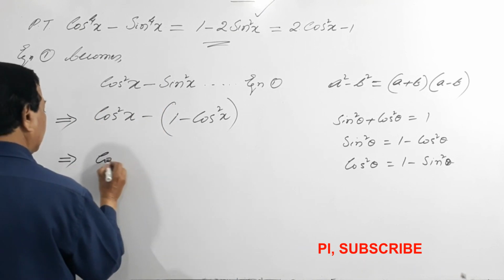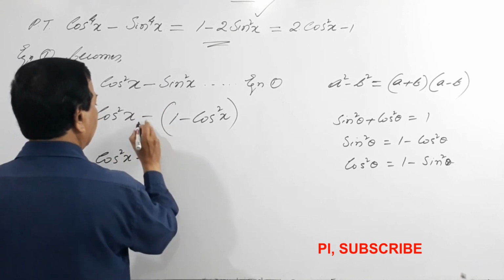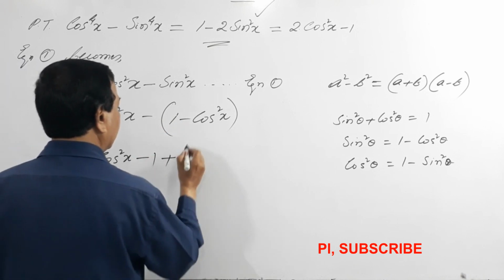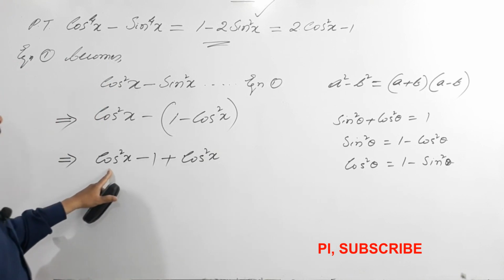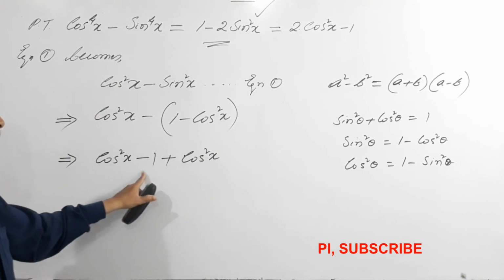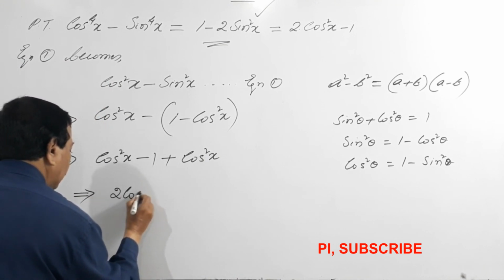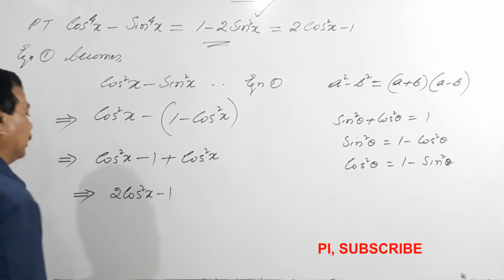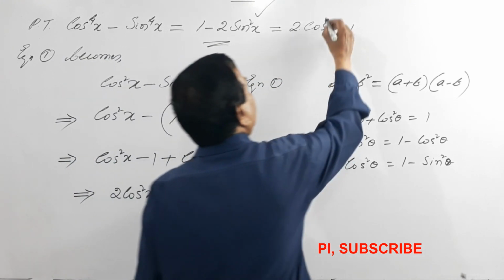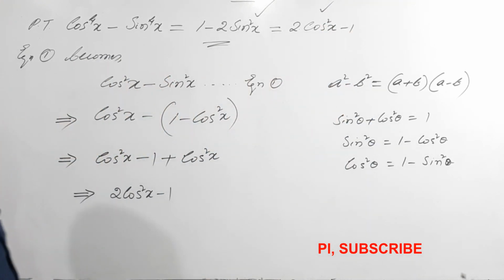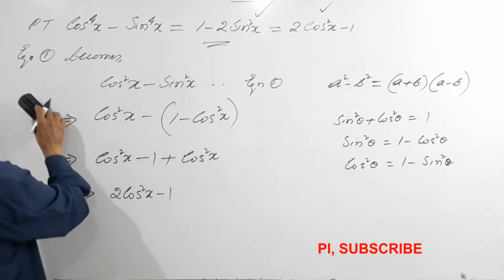This is cos square x minus into 1 is -1, minus into minus plus cos square x. So here cos square x plus cos square x is 2 cos square x minus 1. So ये क्या हो गया? This becomes 2 cos square x minus 1. क्या चाहिए उसको? 2 cos square x minus 1, वो भी आ गया. 2 पूछा था, हमने उसको सॉल्व कर दिया. Therefore, I write this, I rub all this.